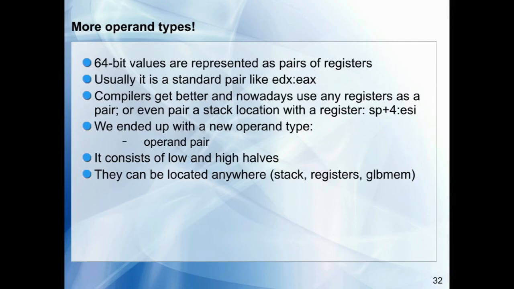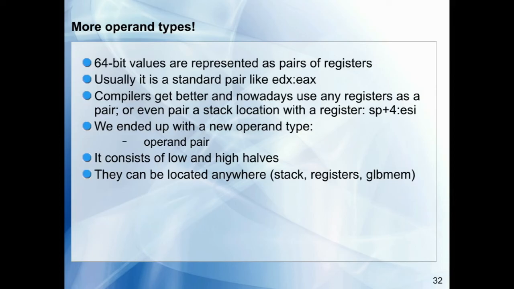The initial stack, registers and constants, these three operand types were not enough, of course. Very soon I had to add standard pairs like EDX and EAX. I was lazy to do so, therefore I just mapped EAX and EDX so that they are adjacent as microregisters, and instead of having two separate 4-byte microregisters, I ended up with a big 8-byte microregister.